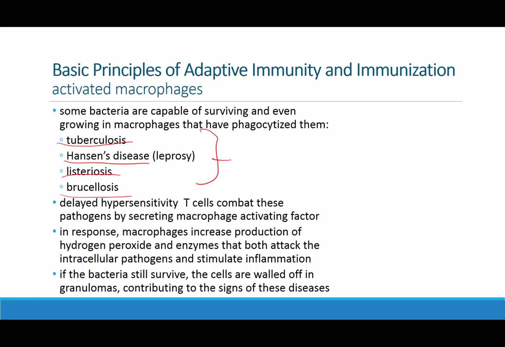But if the bacteria still survive this, the cells are walled off by the inflammation, eventually forming a little pocket with connective tissue around it called a granuloma. This contributes to the signs of the diseases. Tubercles are a granuloma associated with tuberculosis, and so on.